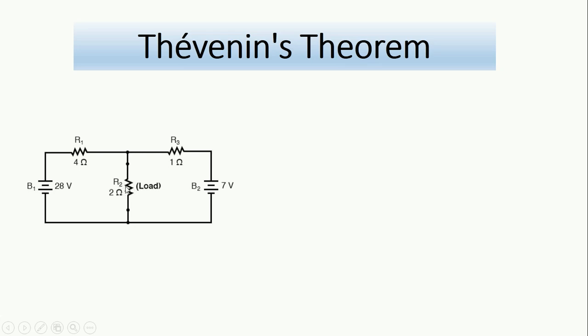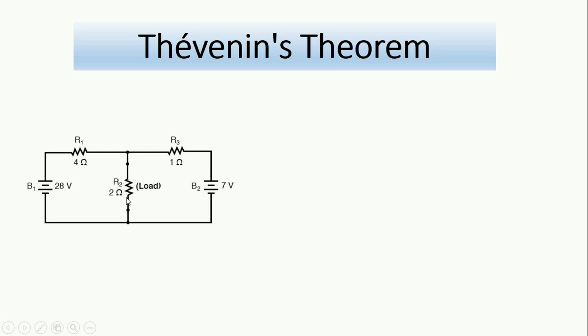So, for example, if we want to get the voltage across this load, we will need to apply the node analysis, or maybe the mesh analysis, Kirchhoff voltage law, superposition principle, since we have two voltage sources here, in order to come to the current passing through this branch or this load, and then this will give us the voltage drop and the voltage across this load.